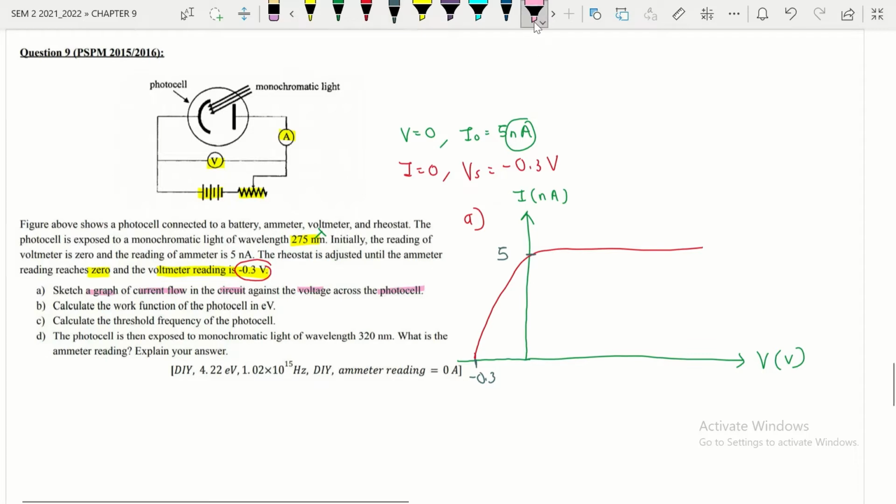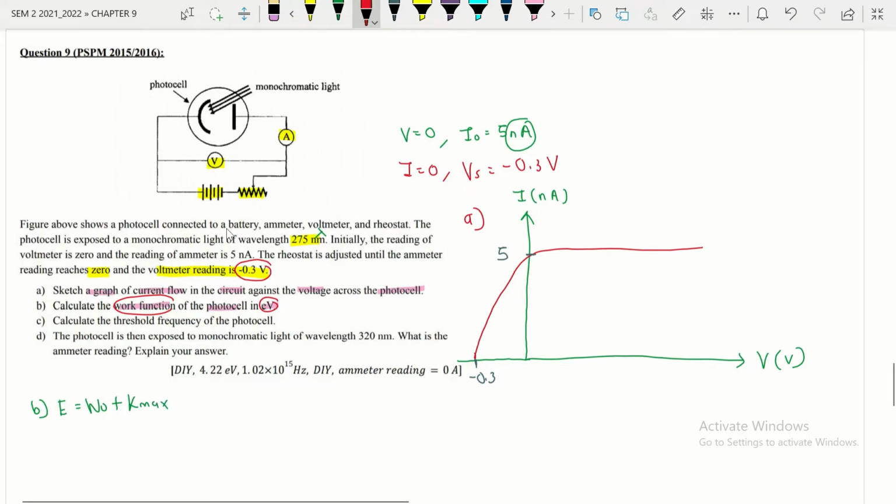Okay, so the next question asks us to calculate the work function of the photocell in electron volt. So this is A, and B miss does here. How do we calculate it? We use this formula again: energy equals work function plus maximum kinetic energy.